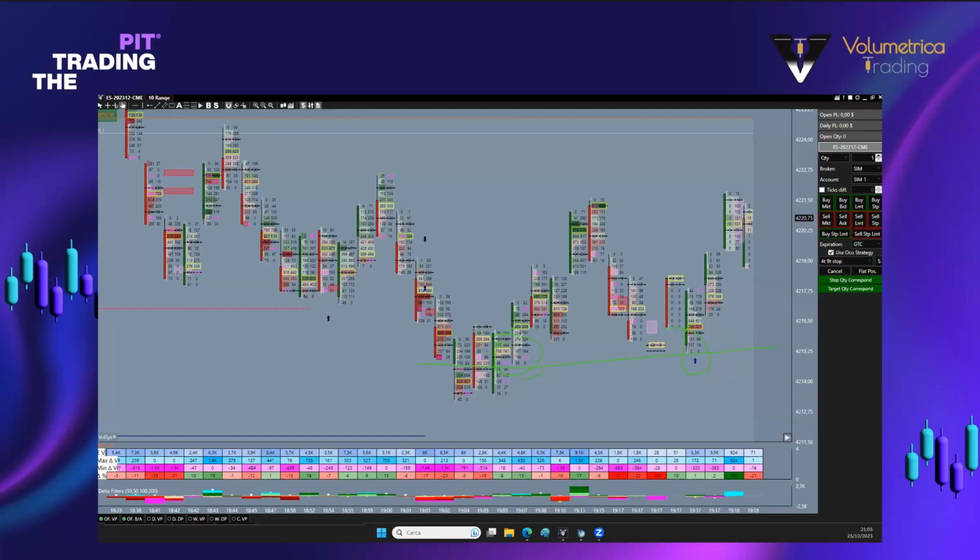If this level doesn't hold anymore, that means that the support is breaking. Why is this area a support? Not because the market created a low, but because sellers have lost the battle and buyers have won that battle. That's the only reason why we can consider that area as a support.